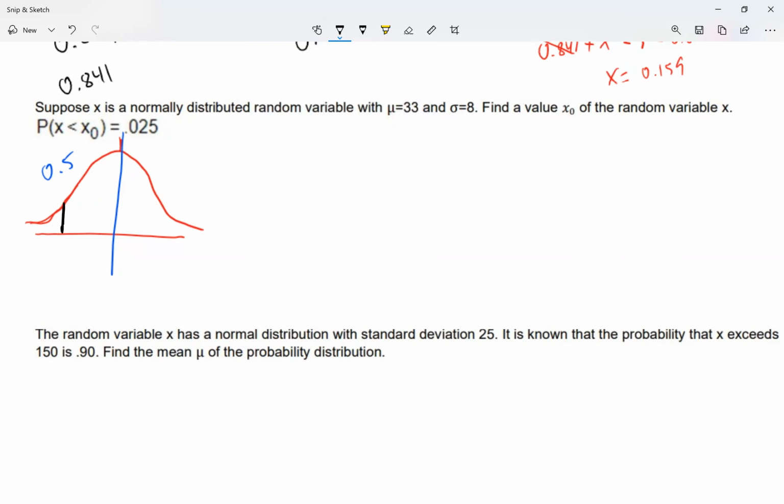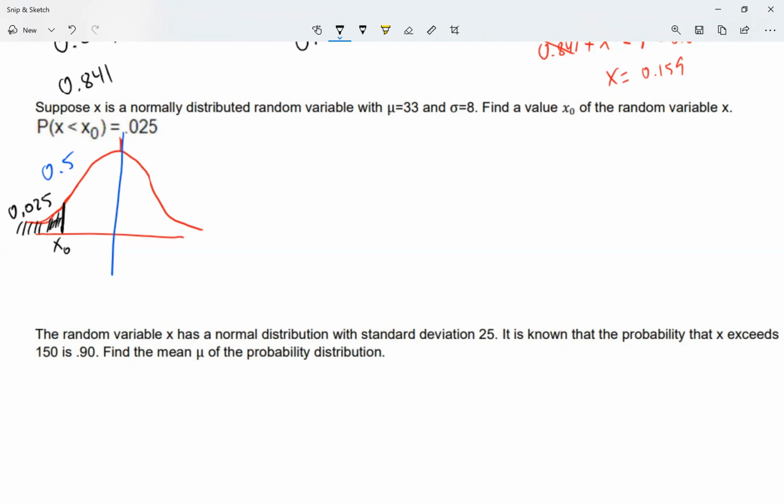I don't know exactly where it is, so I'm going to call this x0. I'm going to put it right there. But I want this area to be 0.025.